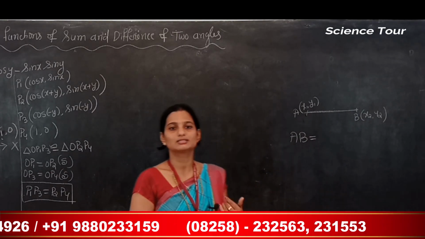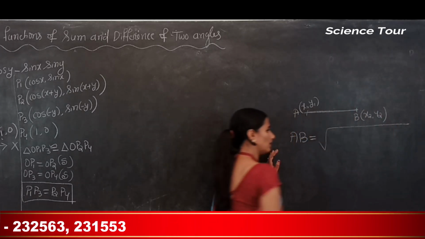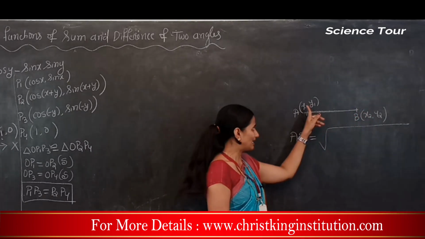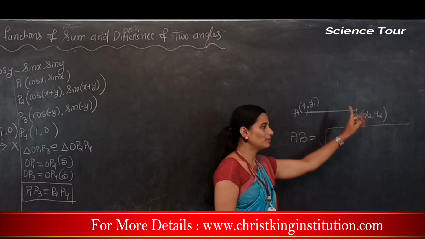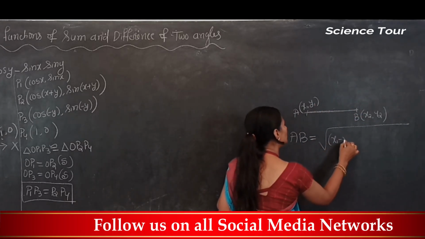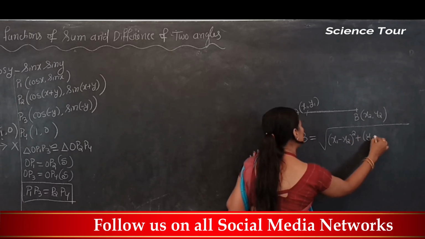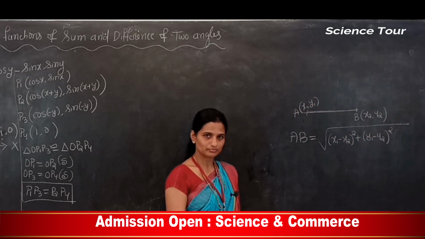How to find the distance between those two points? By using your distance formula. What is your distance formula if two points are given? It is the square root of x1 minus x2 whole square plus y1 minus y2 whole square. This is your formula, right?